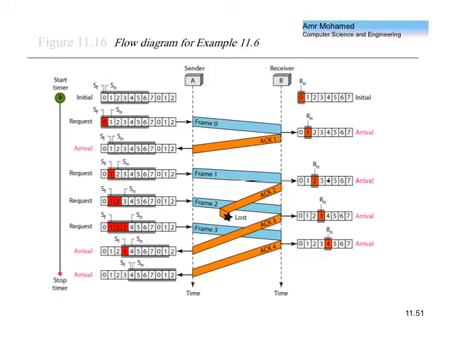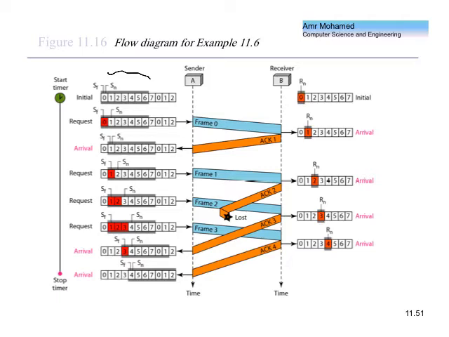So what that means is that first we have here a window size of 7, and the sequence numbers are starting from 0 to 7, which means 8 different sequence numbers. So the rule is fulfilled. So the size of the window is 2 to the power m minus 1, right? And here m is 3.